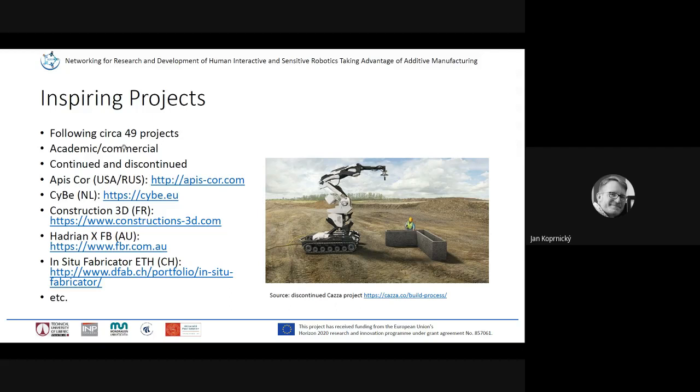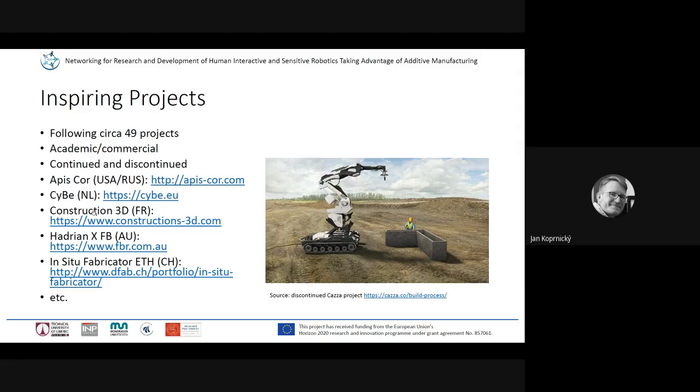Lots of them, from the year 2015 or 16, were discontinued, or lots of them rise and still continue. It's very nice to see the development and the strategy they use.